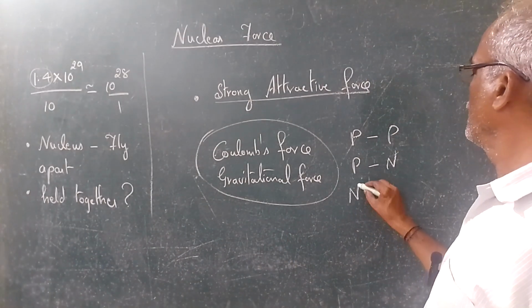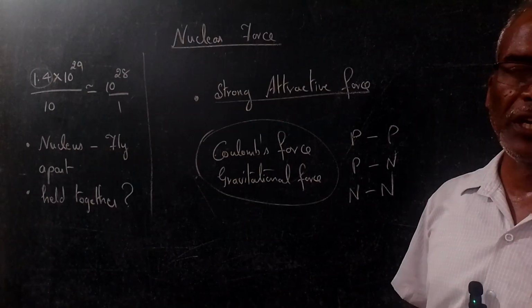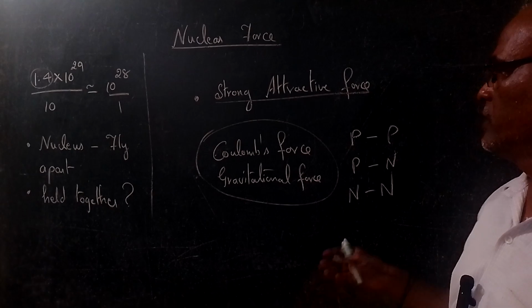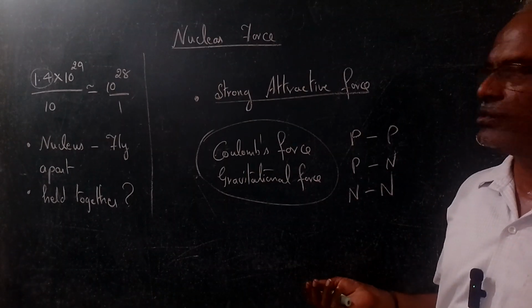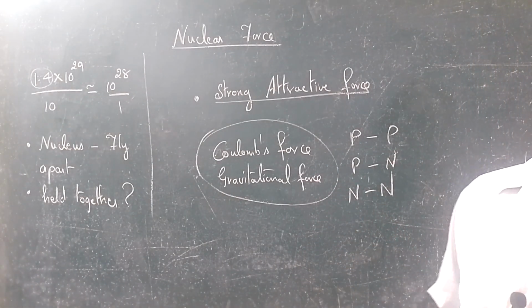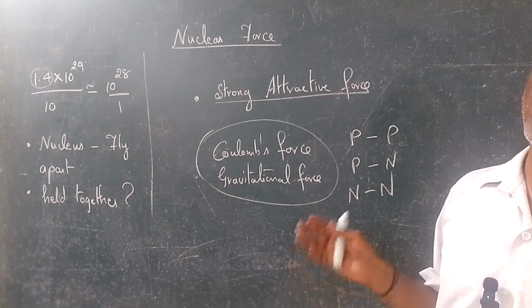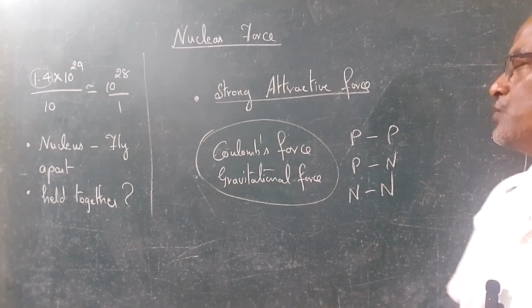And between neutron and neutron, the value is going to be the same. It is not going to differ whether it is proton to proton, proton to neutron, or neutron to neutron. Basically that attractive force is very much greater than Coulomb's force and gravitational force.